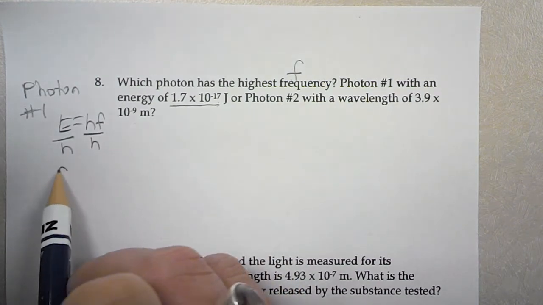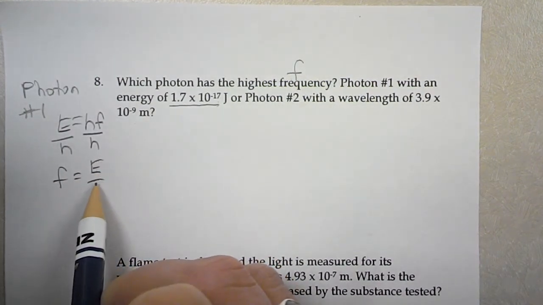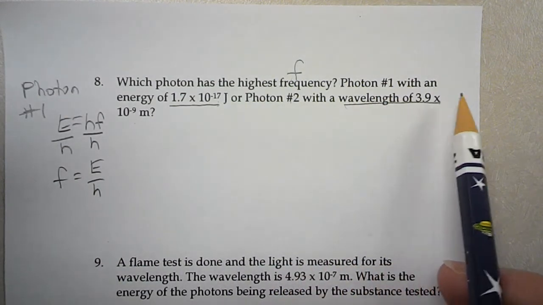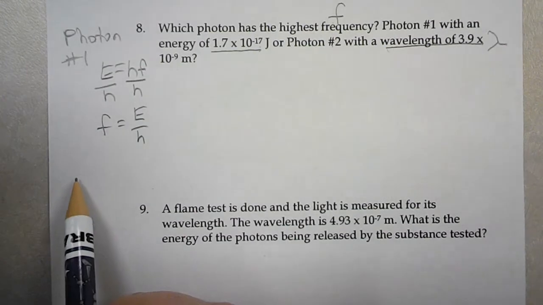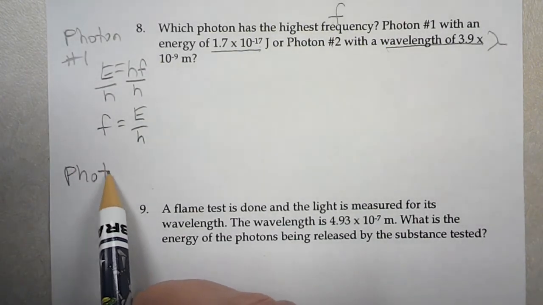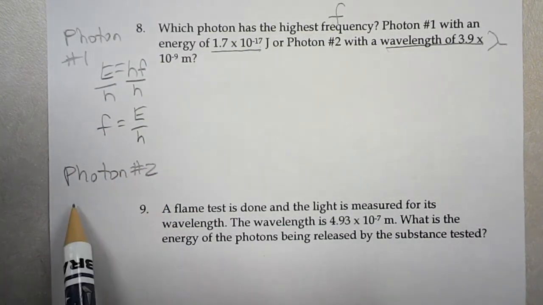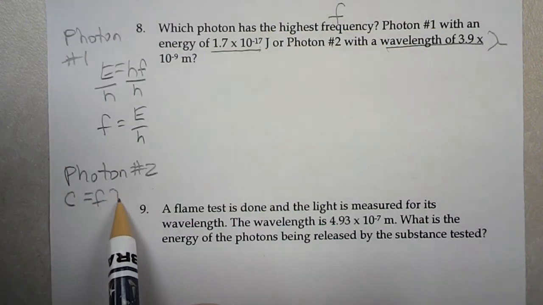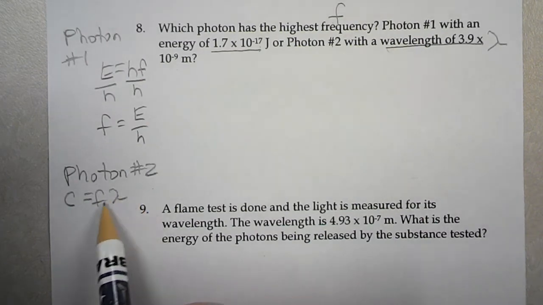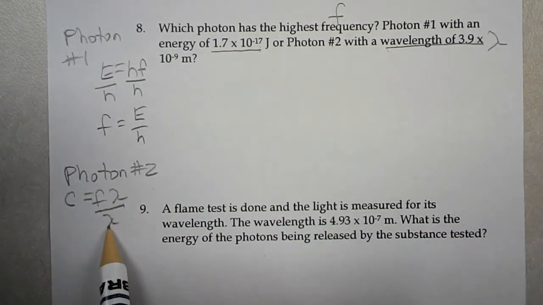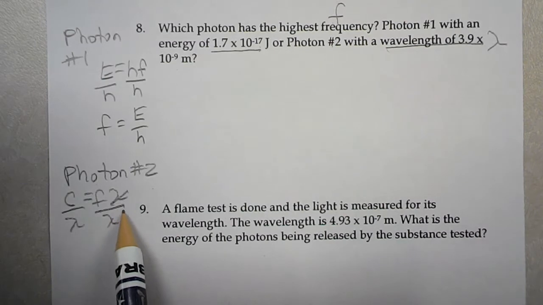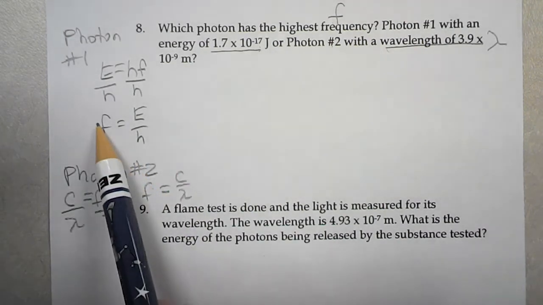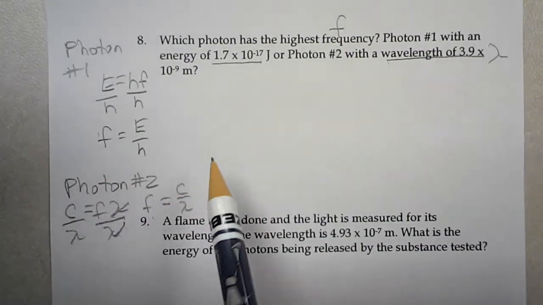And so frequency is equal to energy over h. Now my photon 2, they gave you wavelength, which is this. So for photon 2, I'm going to use a different formula to solve for frequency. So I have the speed of light is equal to the frequency times lambda. So when I want to solve for frequency, I divide both sides by lambda, and I get frequency is equal to speed of light over lambda. So both of these are going to solve for frequency, and then I'll compare them.